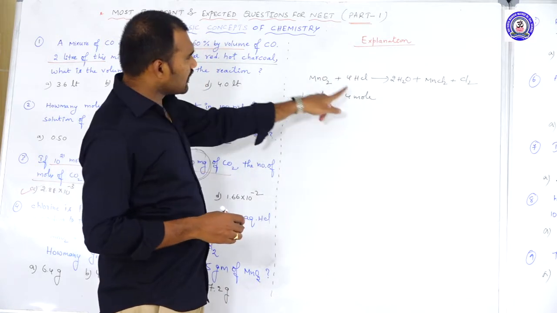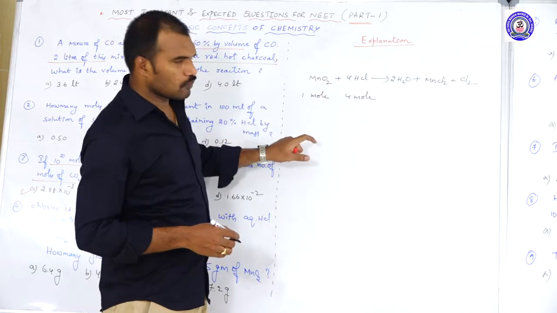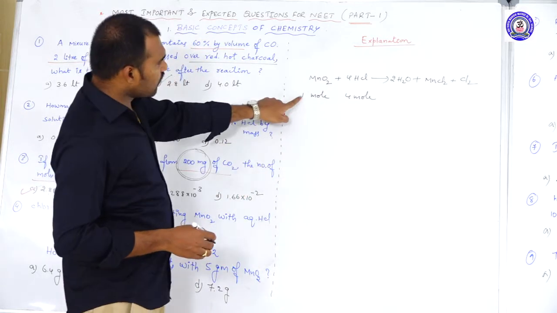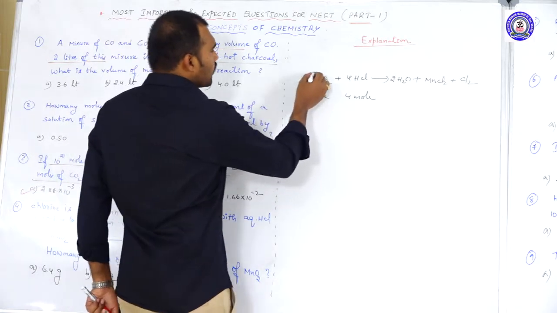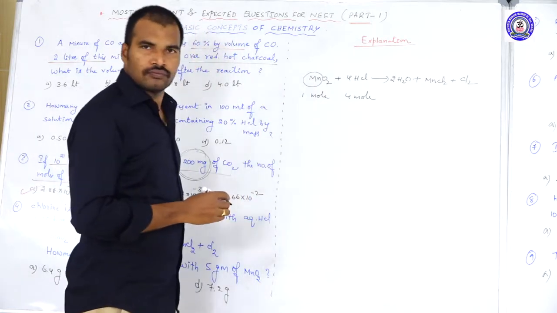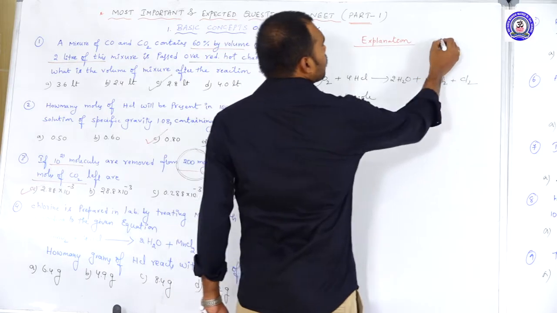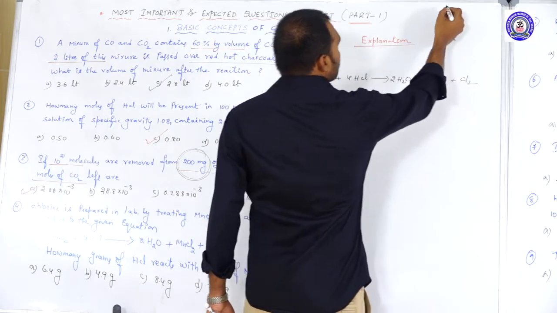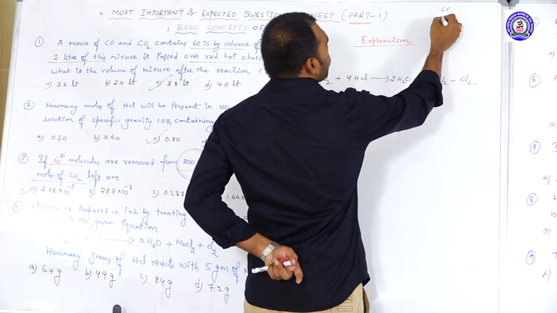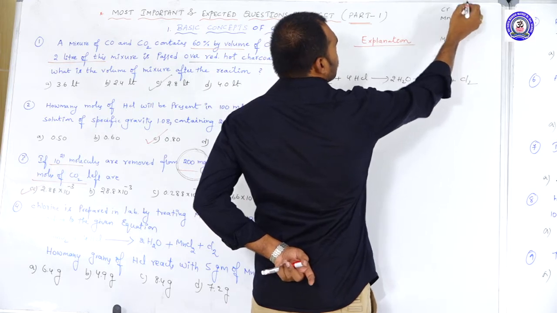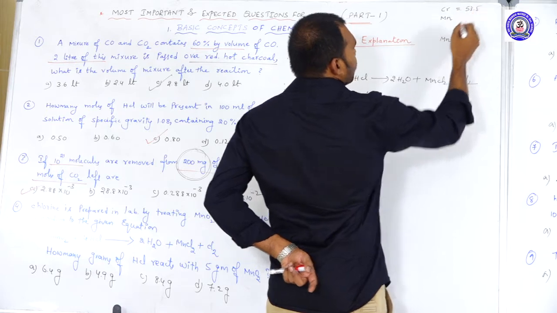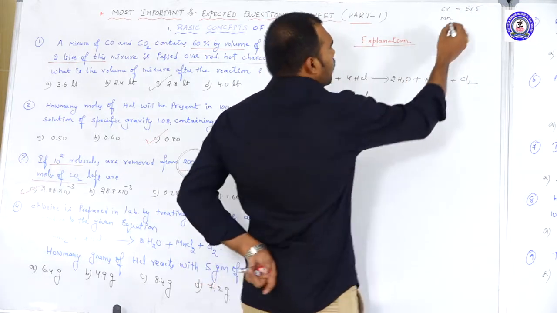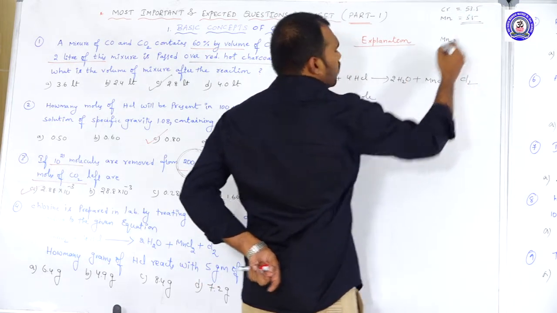If 1 mole reacts, then you convert these moles into weights. What is the weight of 1 mole of MnO2? What is the atomic weight of manganese? You should remember these values, no? Chromium is 53.5, and manganese is 55, you can consider.